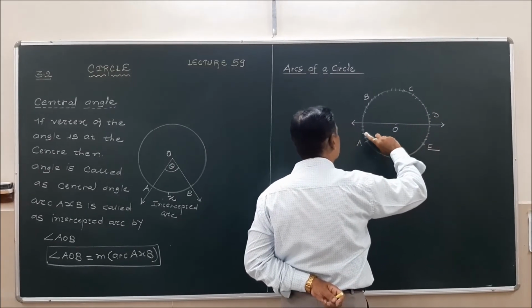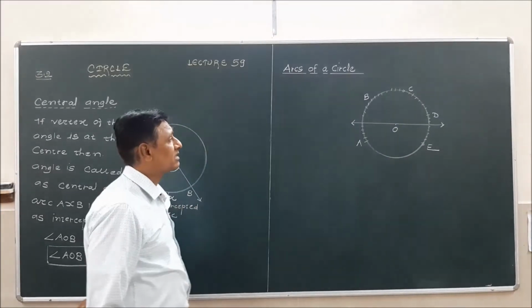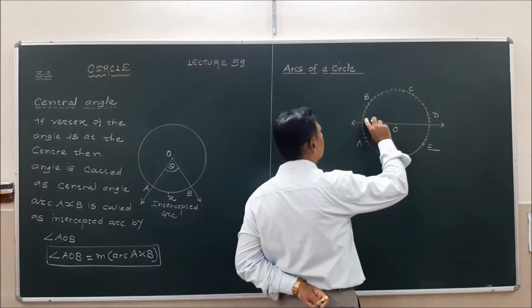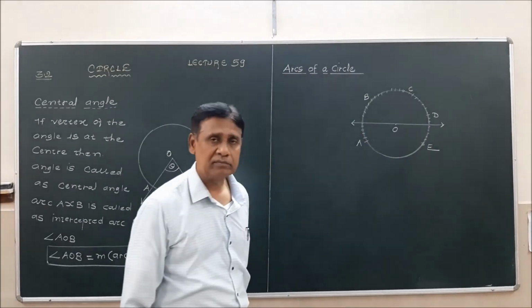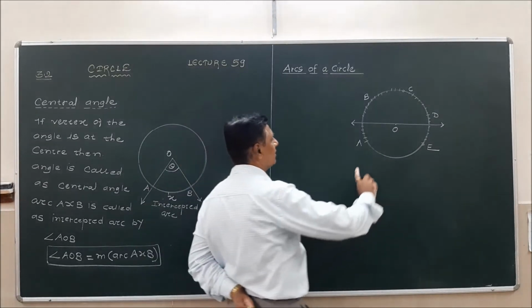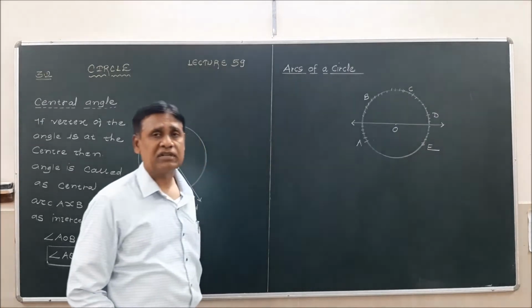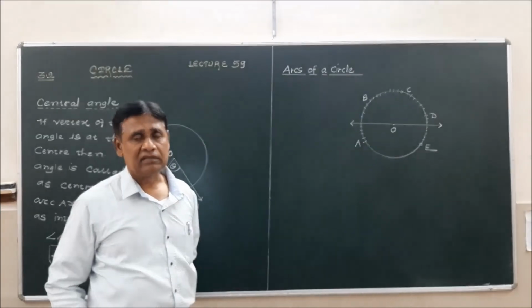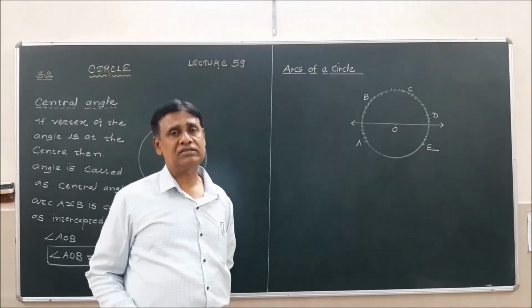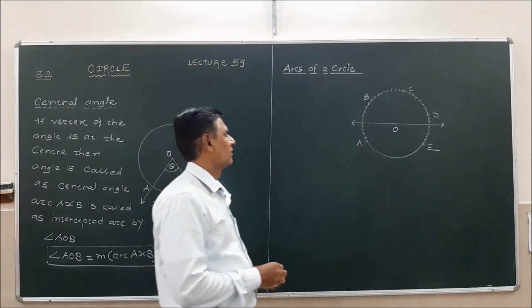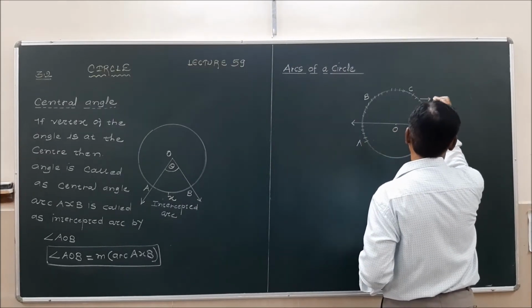Now you will notice, dear students, arc ACE is greater than semicircle. This is semicircle. BCD is a semicircle. And if arc ACE is greater than semicircle, then naturally the arc which is greater than semicircle is called a major arc.